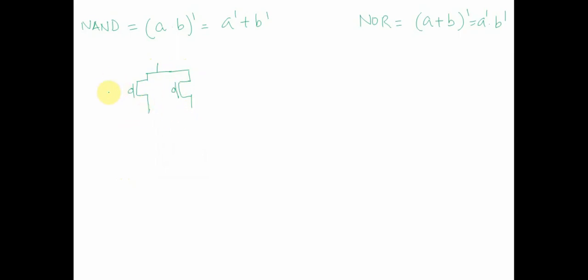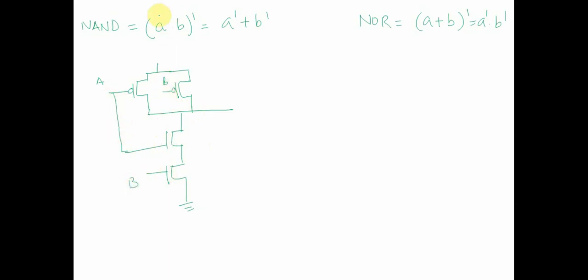Let's assume this is A, this is B, and both of them are connected in parallel, and then we connect two NMOSes in series, and let's assume this is A, this is B.